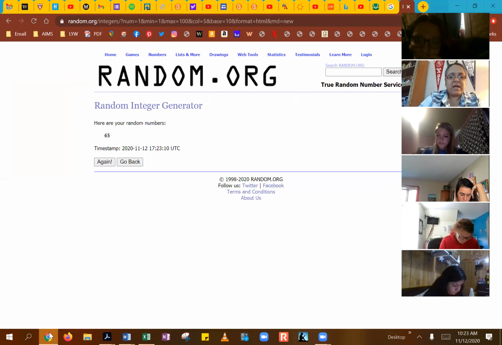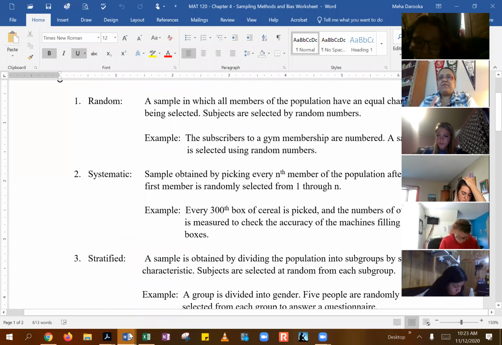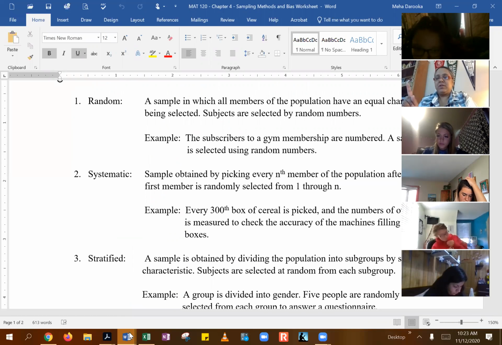And then you can go along with, okay, I'm going to choose... well, it depends on how many people you want in your sample size. If you want a total of 30 people, then of course we would do 100 divided by 30, which will give us a decimal answer, because that would be 10 divided by 3.